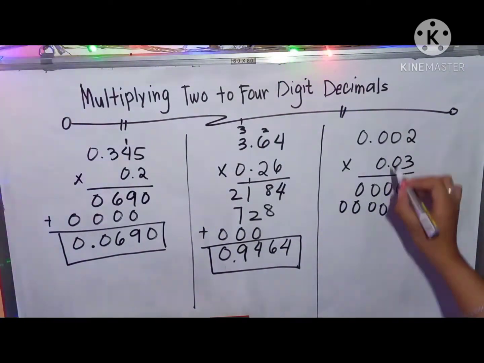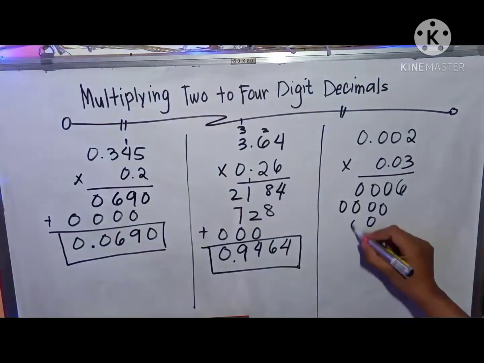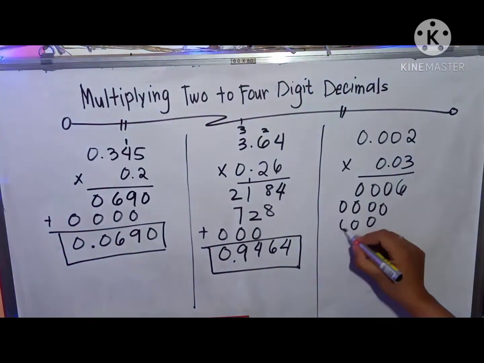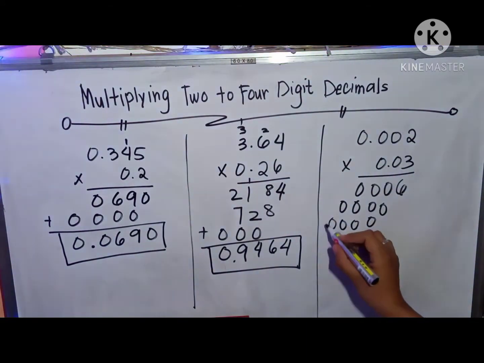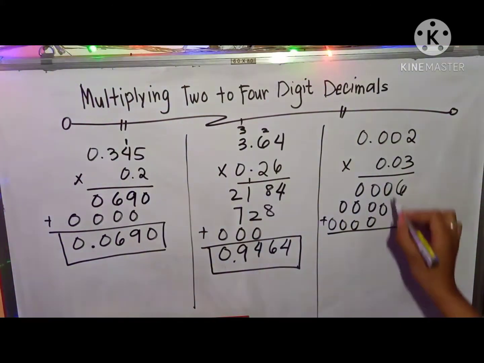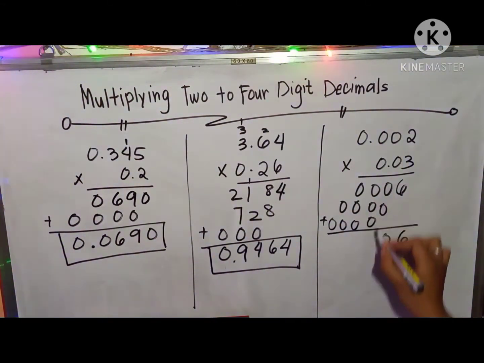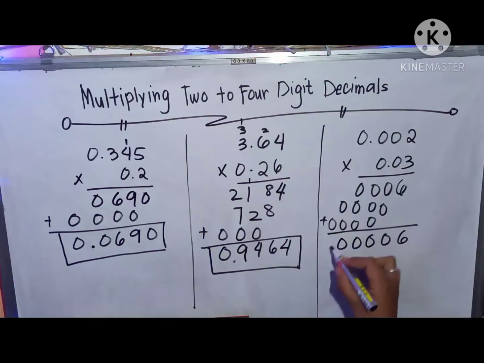Last, 0 times 2 is equal to 0, and the remaining 0 times 0 are all equal to 0. Then add all the products that we get. Bring down 6, 0 plus 0 is equal to 0, and so on, all zeros.